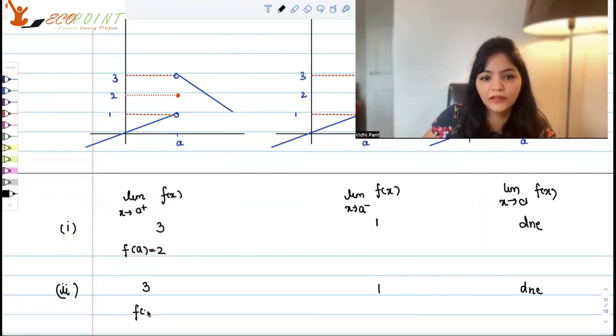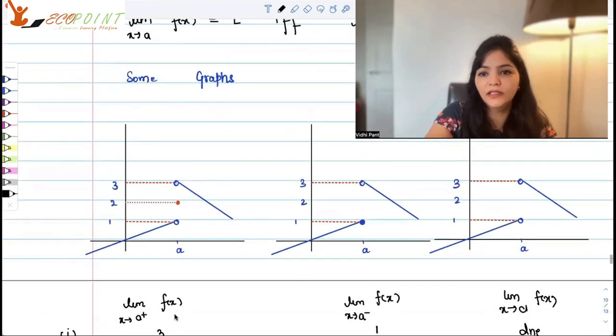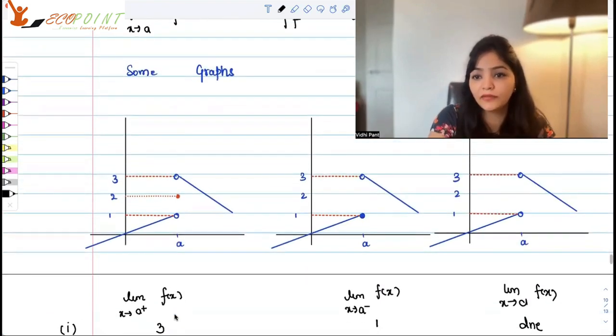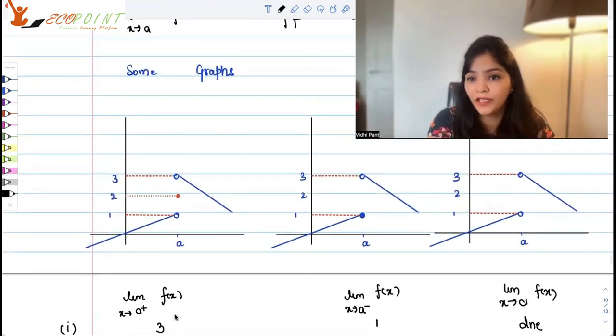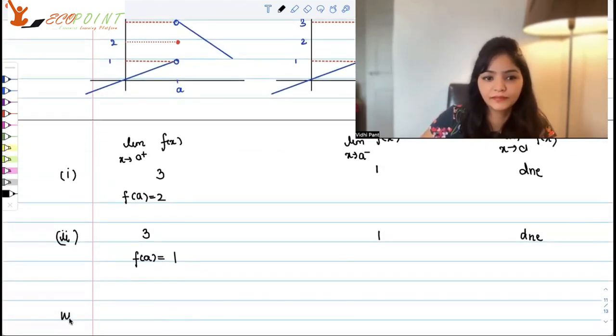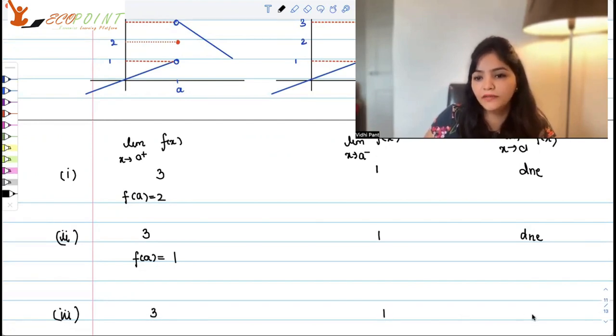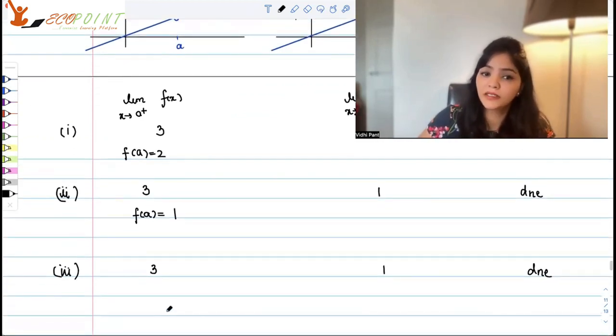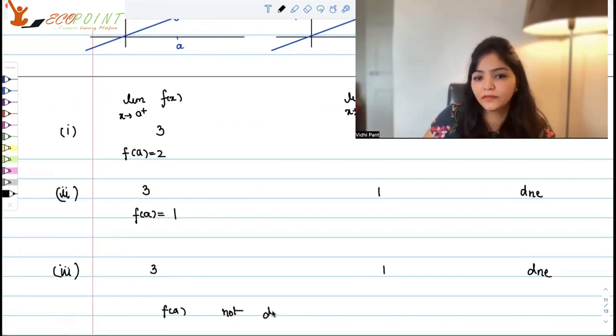That's the different thing. f of a is equal to 1. In the third graph, we're not able to define f of a at all. The limit is still 3 from the right, 1 from the left, and therefore the limit does not exist. But f of a is not defined.